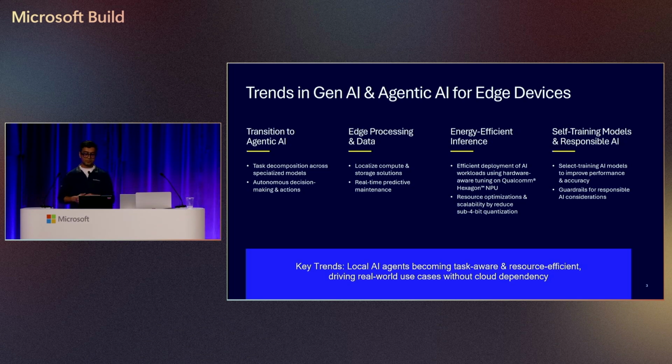With this, it leads us to the fourth and very important trend, which is responsible AI. Here, you have to protect the PII of a user on the device. So Qualcomm is heavily invested in these trends, and we are enabling our developer community through various partnerships and tool chains.